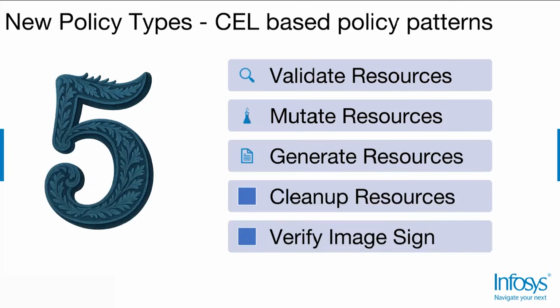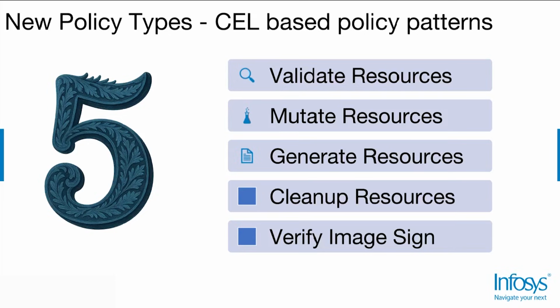The result is that we are introducing 5 different new policy types based on CEL expressions as the policy pattern to achieve all the use cases listed on the right-hand side, including the validation, mutation, generation, cleanup of resources, as well as verifying image signatures as well as payloads. And now you may wonder, why do we move to 5 different new policy types, which are all based on CEL? Here, I'll tell you why.